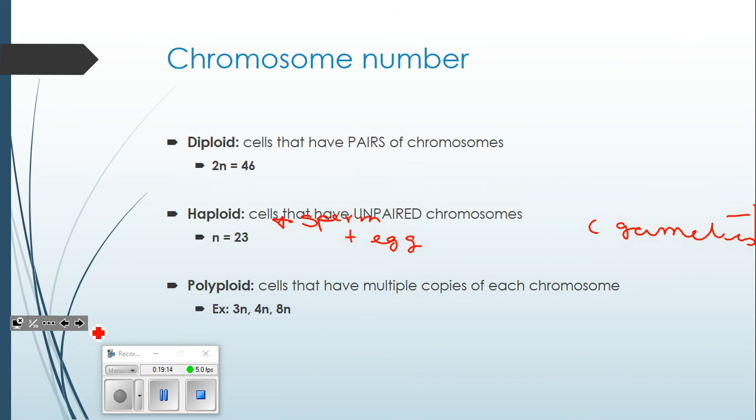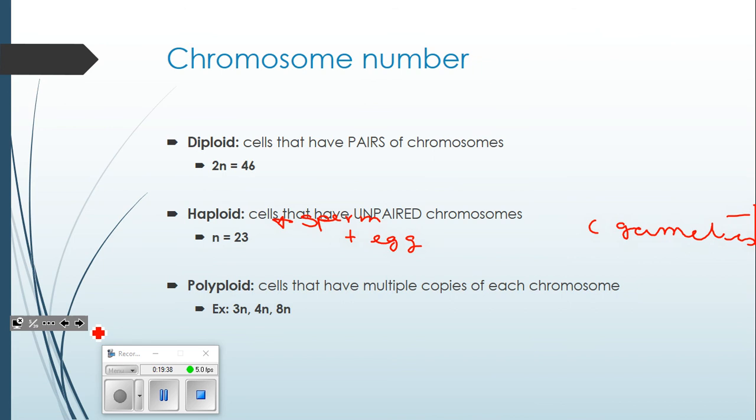They are cells that would have unpaired chromosomes. And it makes sense because I'm going to put them together potentially to make a new human being. And so they can't have 46 chromosomes because when I put them together, then there'd be way too many. So sperm and egg cells are produced to have 1 of each chromosome, not 2, so they can go together and make a pair.